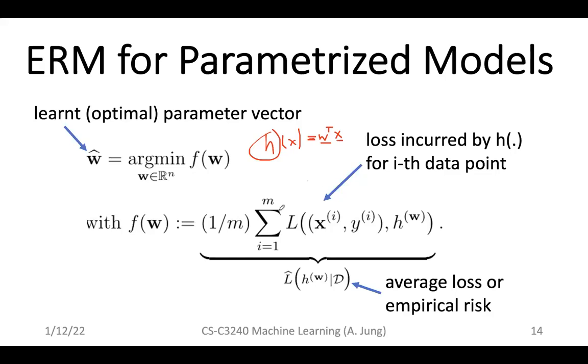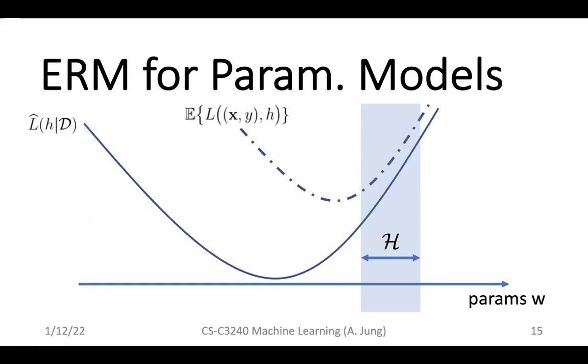It sounds cool: now we optimize over parameter vectors. But remember, still, this is an infinite space. It's the space of all vectors of length n, for example. Still infinite, but it has a bit more structure, which is nice for optimization. Okay, so again I draw this picture for empirical risk minimization using the parameter vectors.